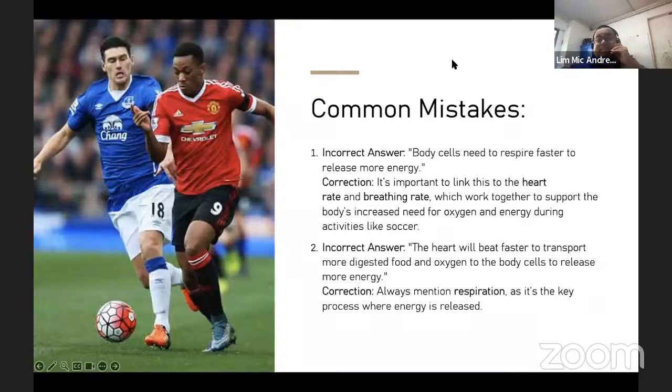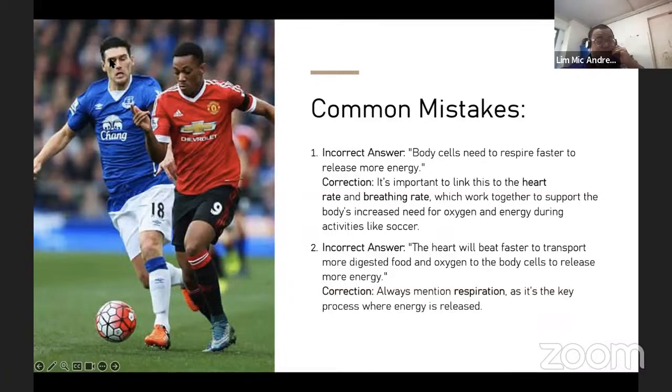All right. Some common mistakes that students always make. They will say, for example, that body cells need to respire faster and release more energy. This sentence is wrong. Why? It's important to link this to the heart rate and the breathing rate.